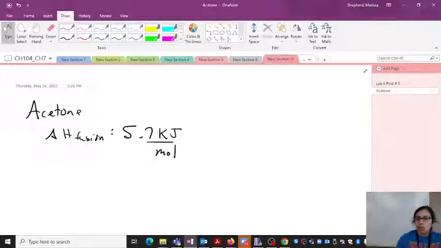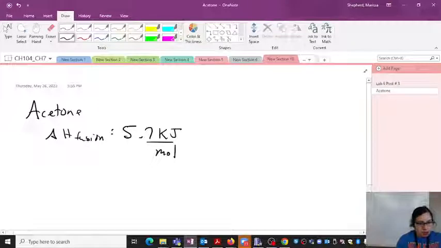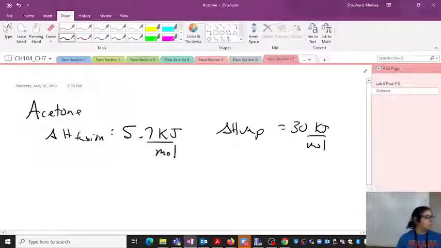I'm just making up a question. Oh, there's the delta H of vaporization, and the delta H of vaporization is about 30 kilojoules per mole.